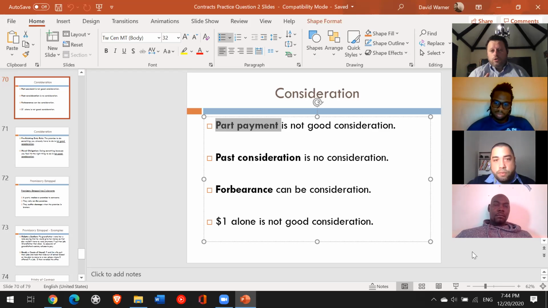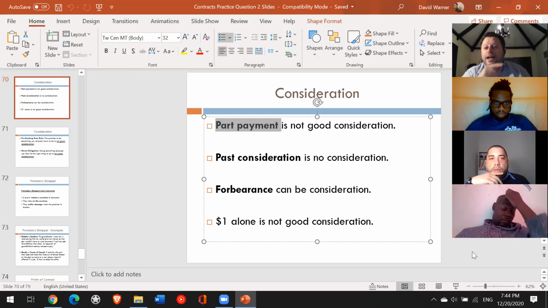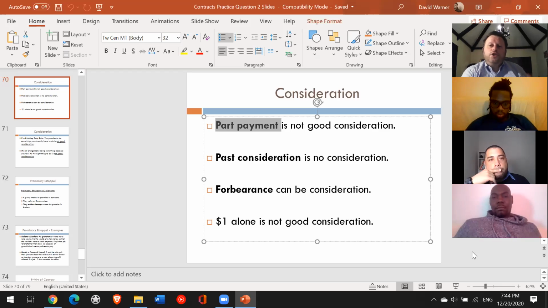He owes her $1,000. That's what he owes her. He doesn't owe her a sofa. He doesn't owe her this sofa. He owes her $1,000. Now, what if Meg said, hey, Chris, I love this sofa. You owe me $1,000. You know what?